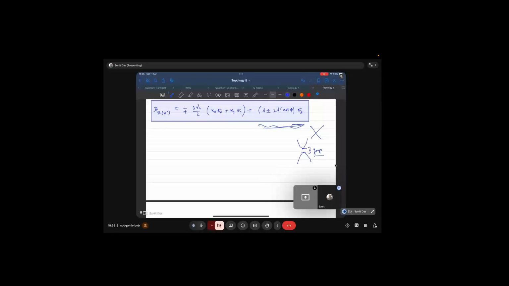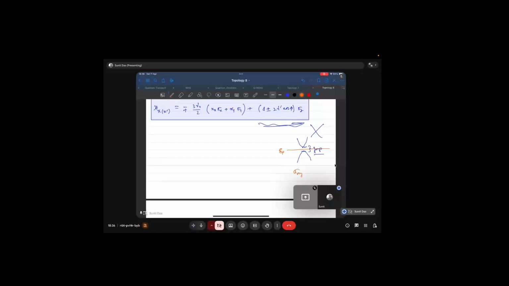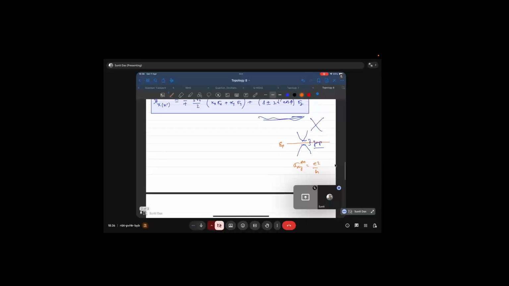Now, what Haldane proposed is that even if you are in the gap, let's say your Fermi energy lies somewhere here, in the gap you will have the anomalous Hall conductivity sigma xy or yx quantized in units of e square by h. This is exactly like the quantum Hall effect where you need to apply an extra magnetic field to get quantized response.